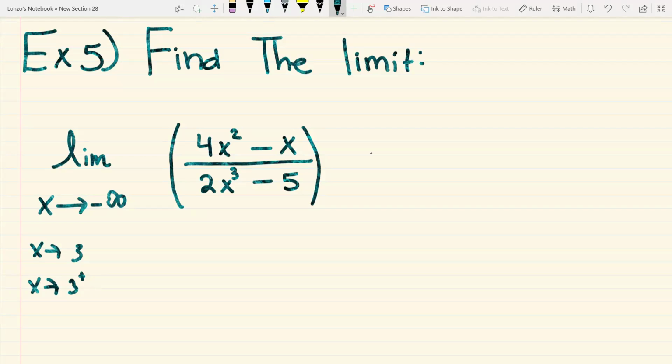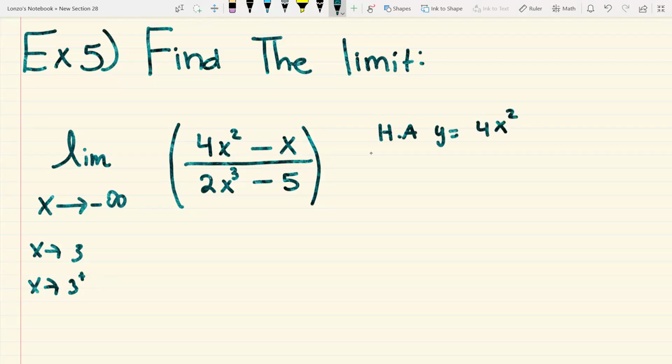This is a rational function. So what is the limit of a rational function? It's basically the horizontal asymptote. So I'm going to say that the limit is our horizontal asymptote. And what is our horizontal asymptote of this rational function? Well, what is the highest term on the numerator? It is 4x squared.